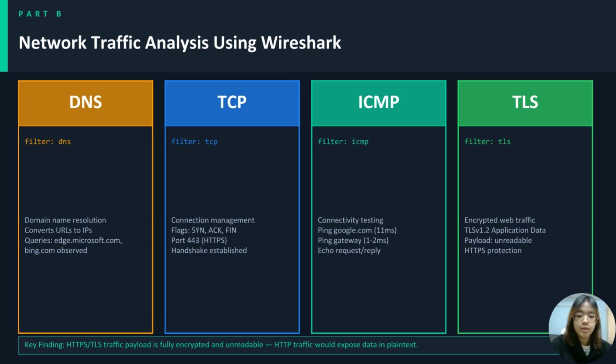This demonstrates the importance of encryption in protecting sensitive information such as passwords, banking details, and personal data. The use of HTTPS and TLS significantly reduces the risk of data interception during transmission.